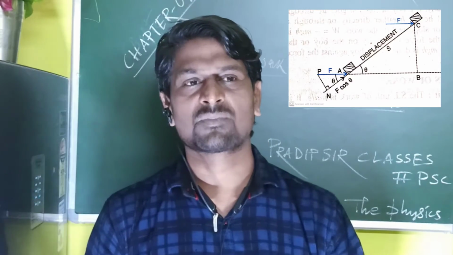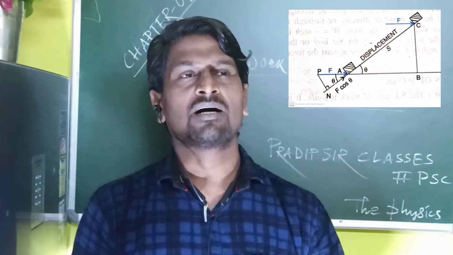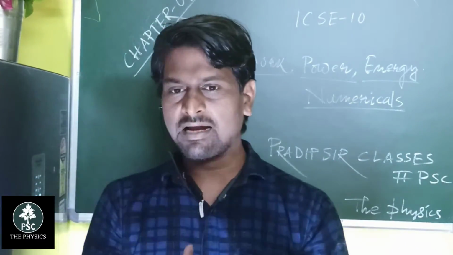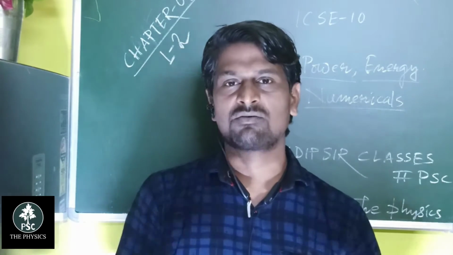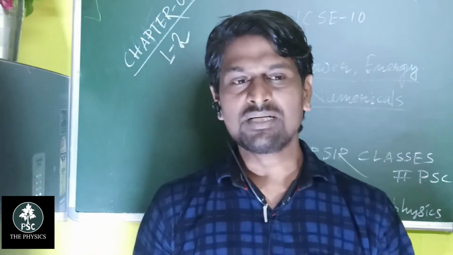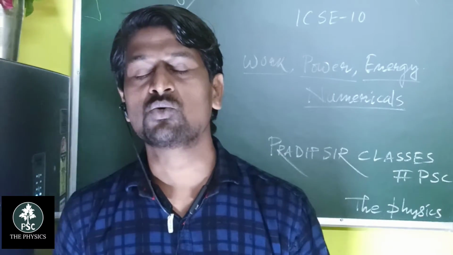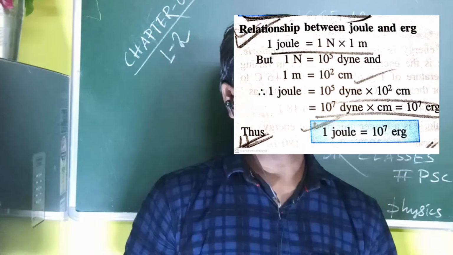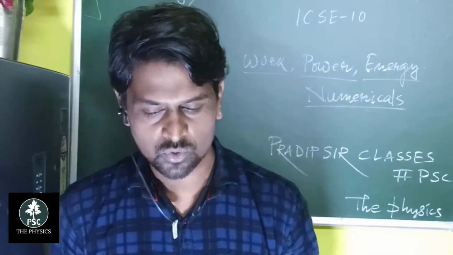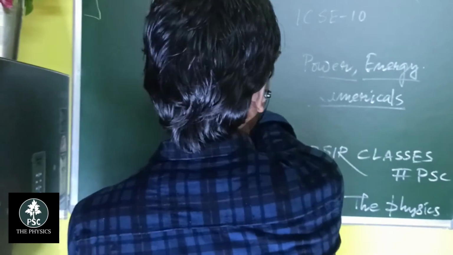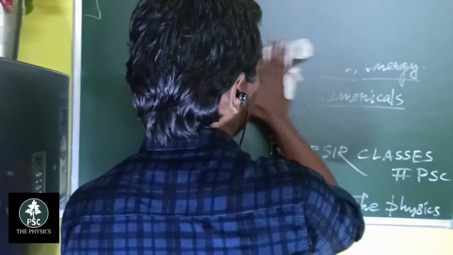And the last topic was the different units: the absolute unit, the gravitational unit, and the relationship between the absolute unit, that is the erg, and the joule. So first of all, students, you have to note down those equations, and today we are discussing the numericals.